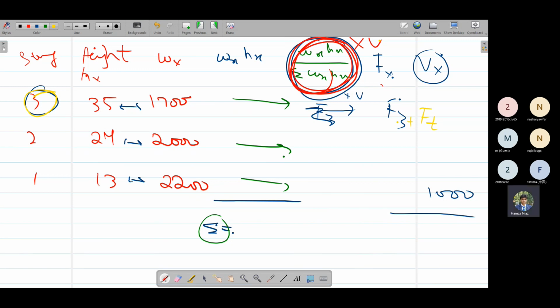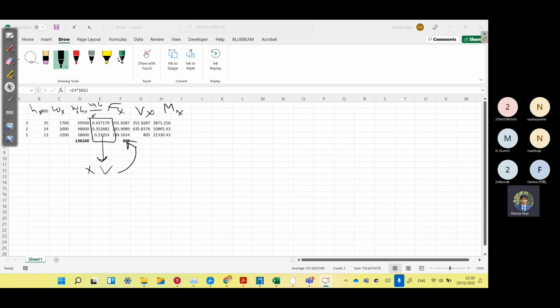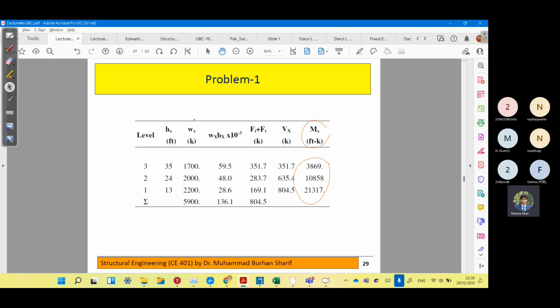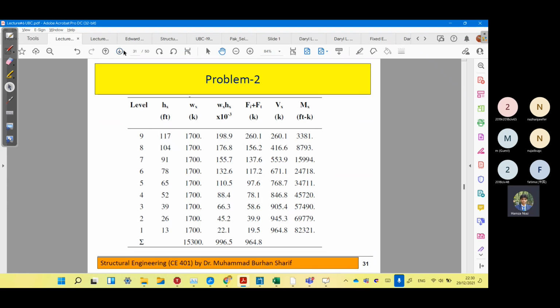So the only difference is that we add Ft at the top only. On all other stories, it would have been the same. No difference there. So only add Ft at the top, no more difference at all.